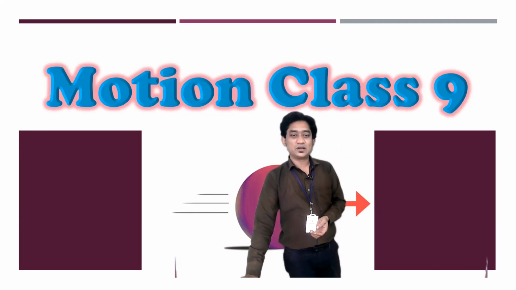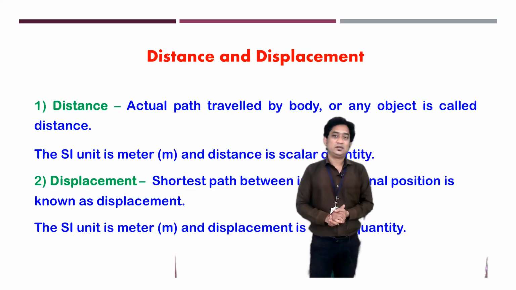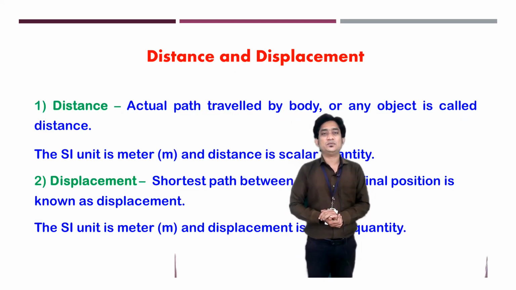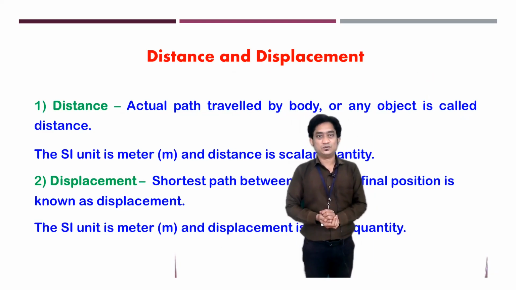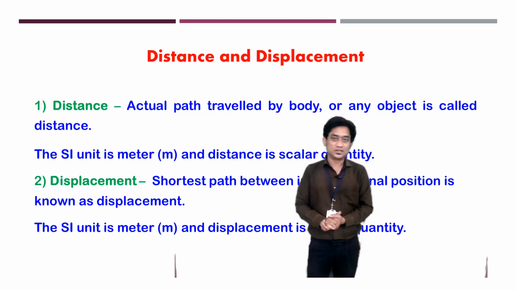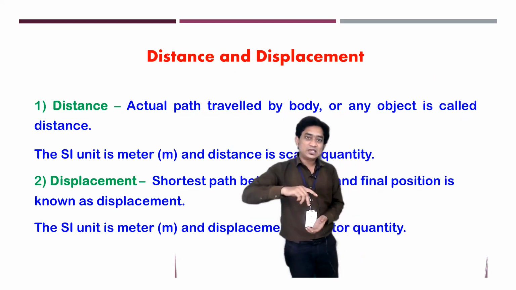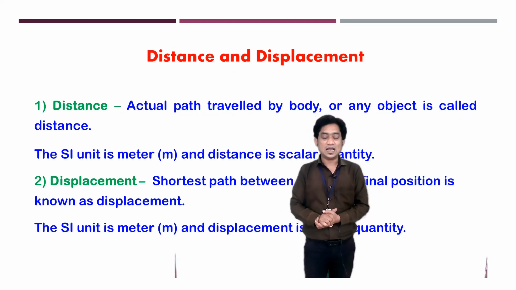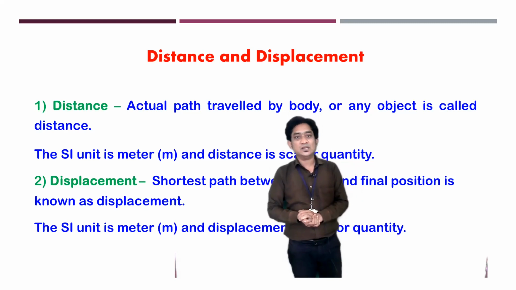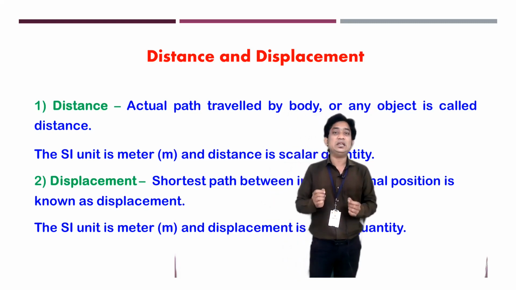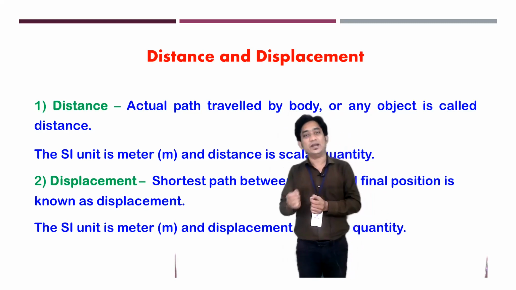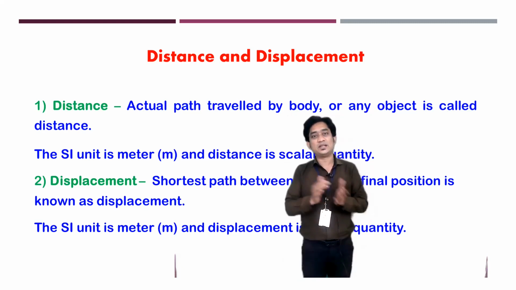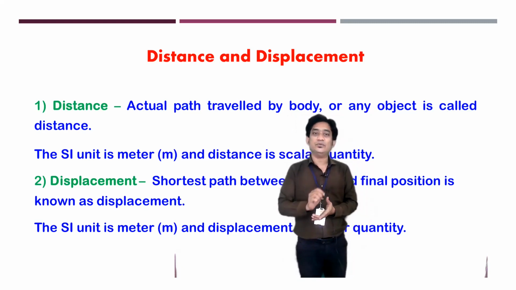So let's see this very important part, that is distance and displacement. Many students are always confused about the difference between distance and displacement. Distance means the actual path traveled by a body. And the displacement definition: the shortest distance between the initial point and the final point is called displacement. The SI unit for distance as well as displacement is the same.